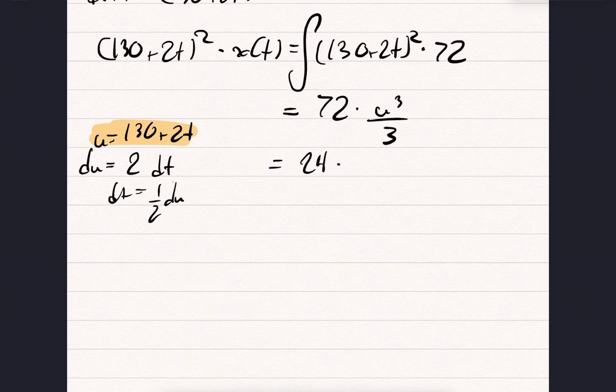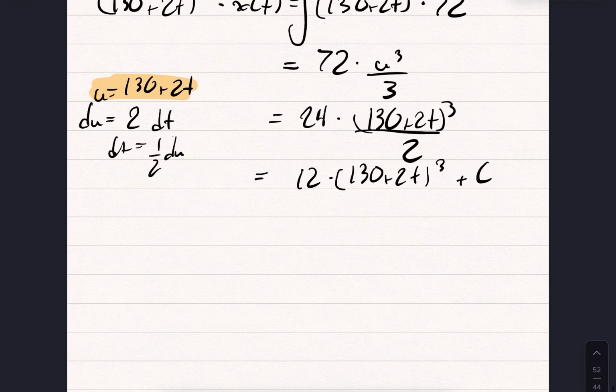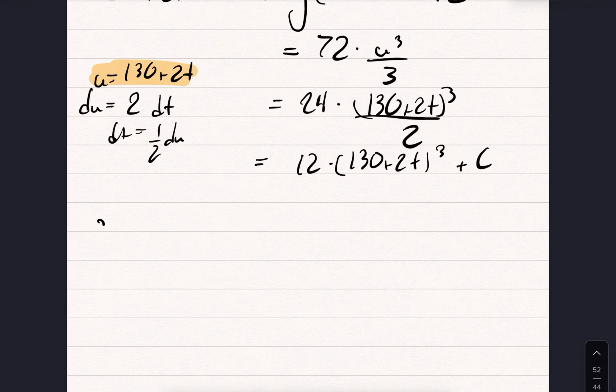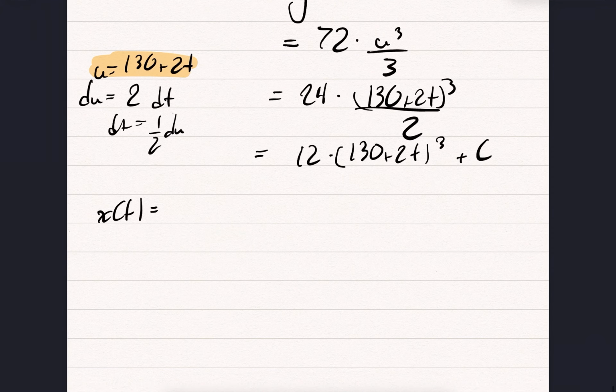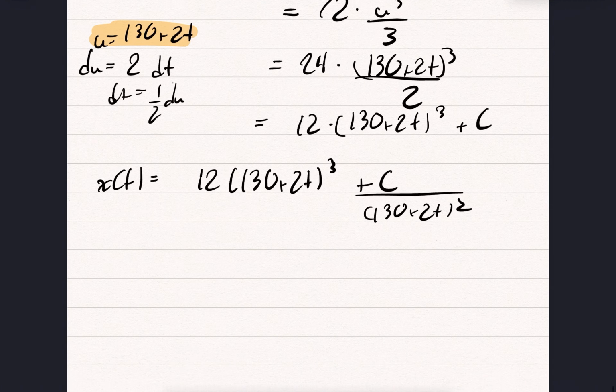So this equals then 130 plus 2t cubed over 2 equals 12 times 130 plus 2t cubed plus c. Okay, amazing, guys. x at t equals 12 times 130 plus 2t cubed plus c over 130 plus 2t squared.